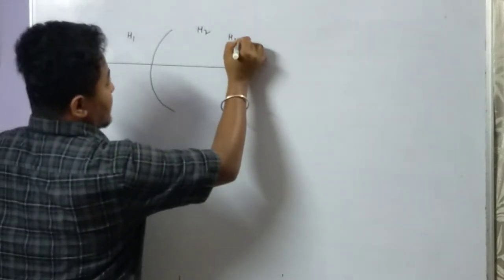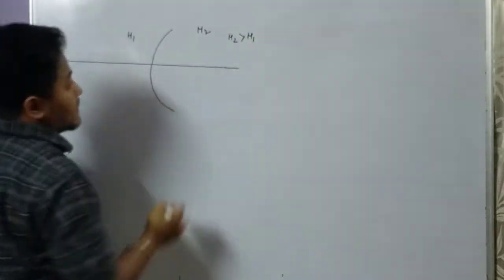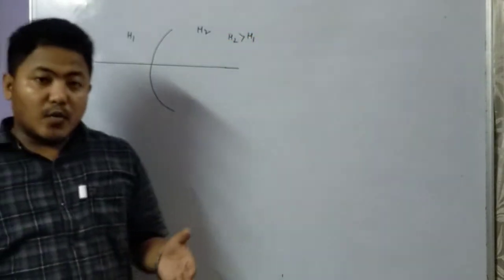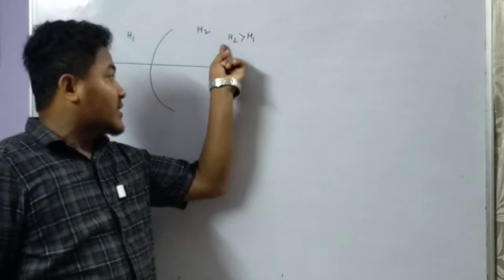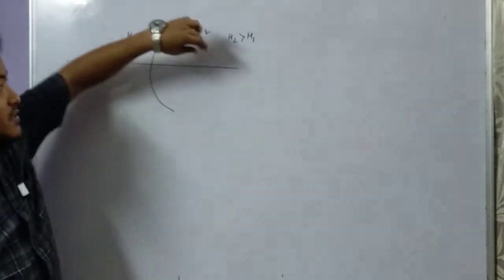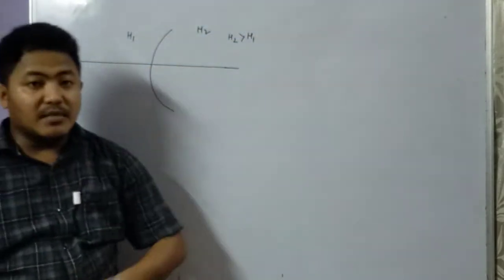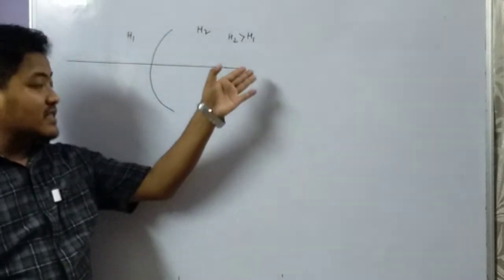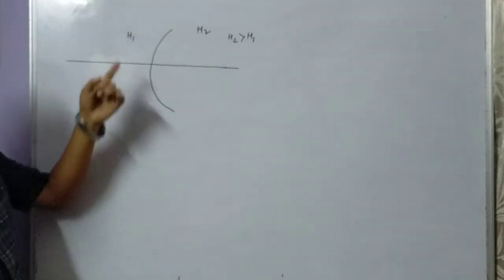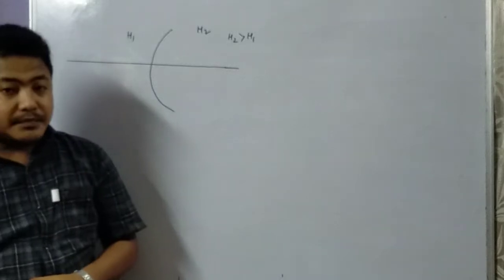Considering mu2 is greater than mu1, this medium will be optically denser since the refractive index is higher, and this medium will be optically rarer.